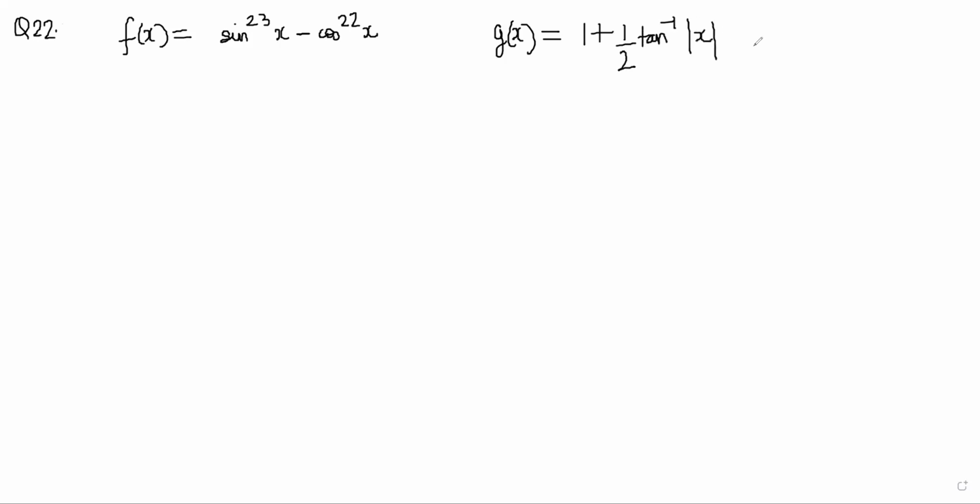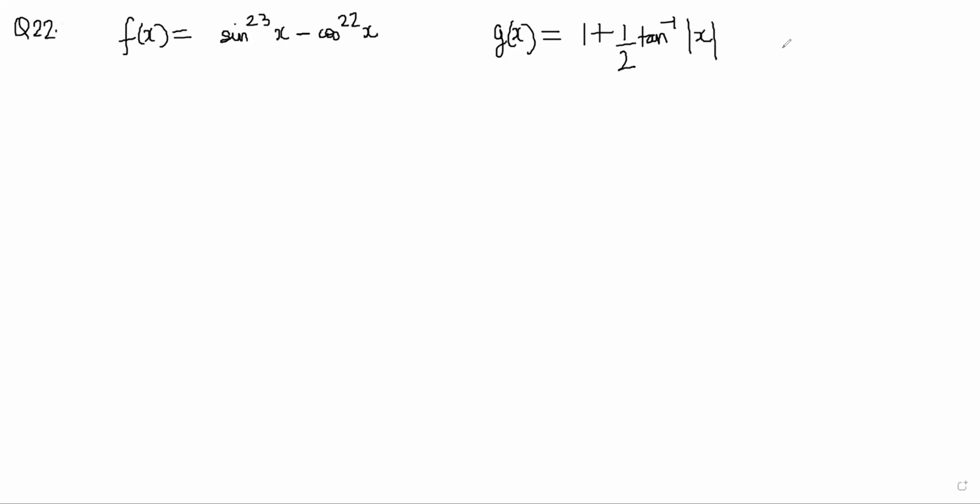Question 22, let's look at. Function is defined: f(x) is equal to sine to the power 23x minus cos to the power 22x, and g(x) is equal to 1 plus half tan inverse mod x.